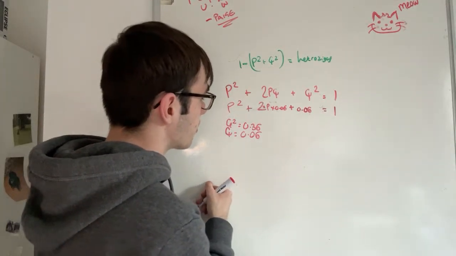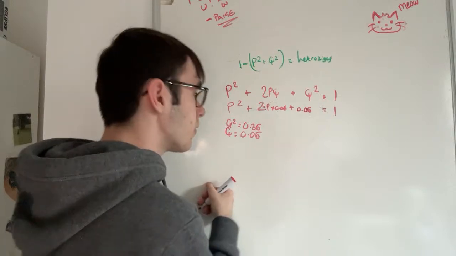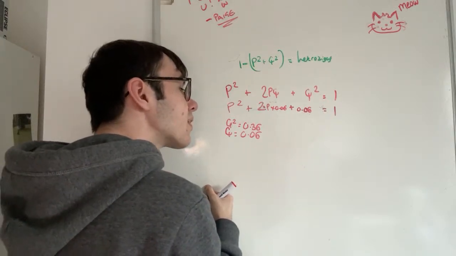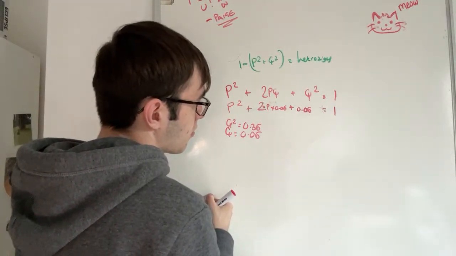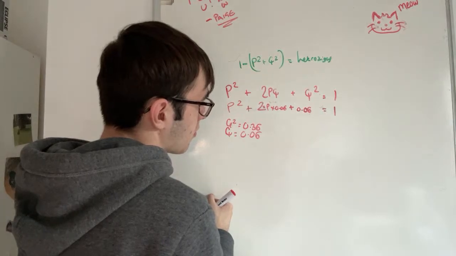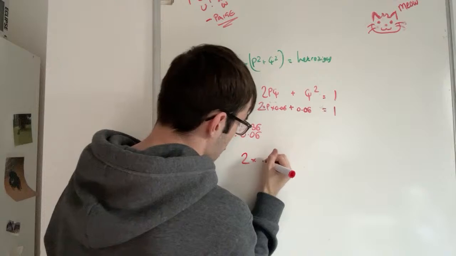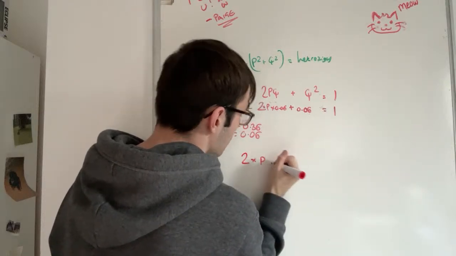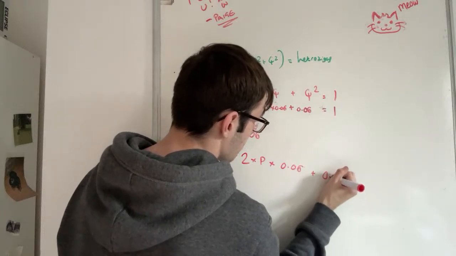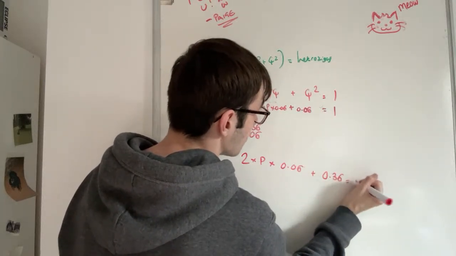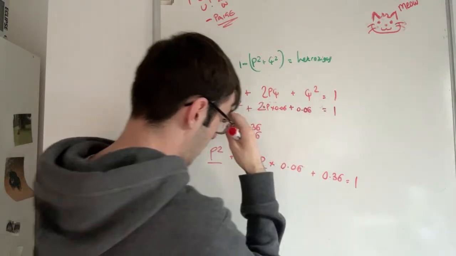I don't understand. Two times p times 0.06 plus 0.36 equals 1 plus p squared. Just need to figure out what p is.